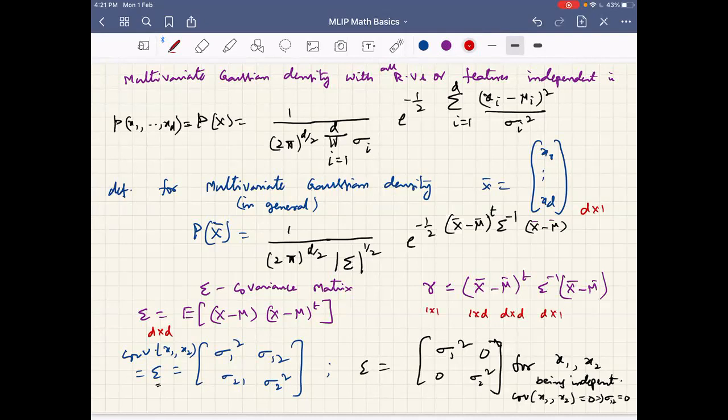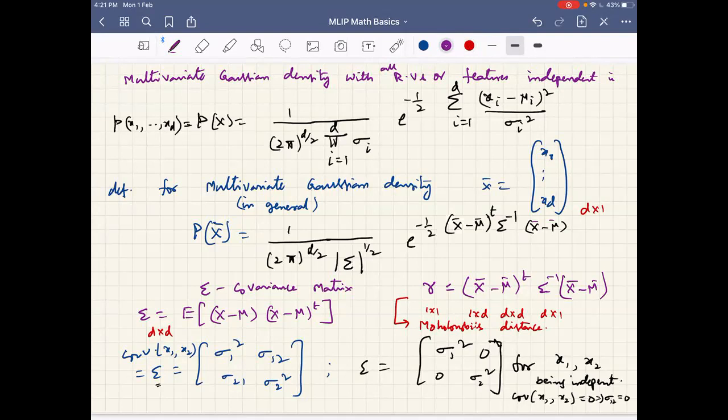Whatever we are writing here is again the Mahalanobis distance. Okay. So it's again like a standard deviation or variance normalized distance of the random variable from the mean. By definition, Mahalanobis distance is a standard deviation normalized or variance normalized, spread normalized distance of the random variable from the mean.